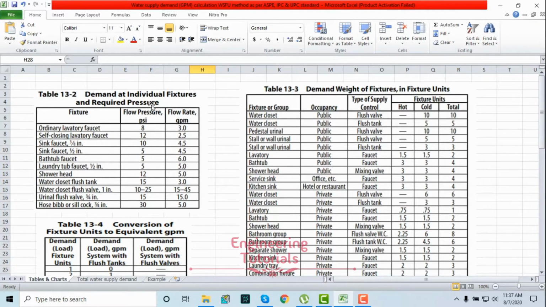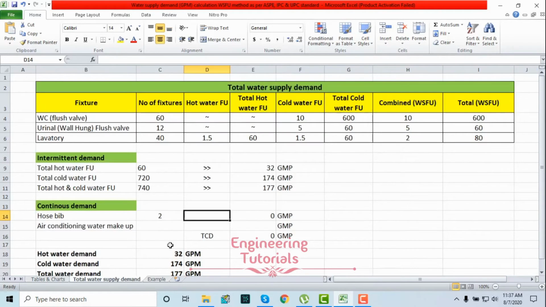As you can see, demand at individual fixtures and required pressure: this one is the flow rate in GPM, this is the fixture, and this is the pressure. This is the hose bib, and the GPM required is 5 GPM. So 2 hose bibs will be 10 GPM.